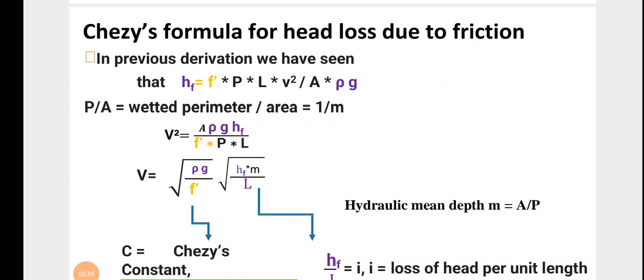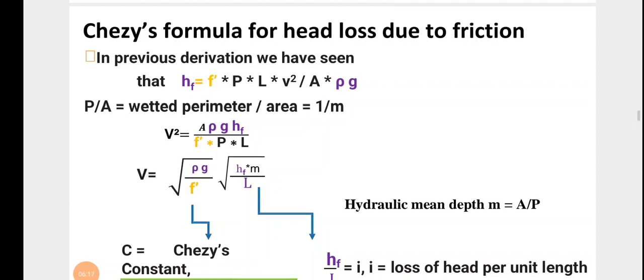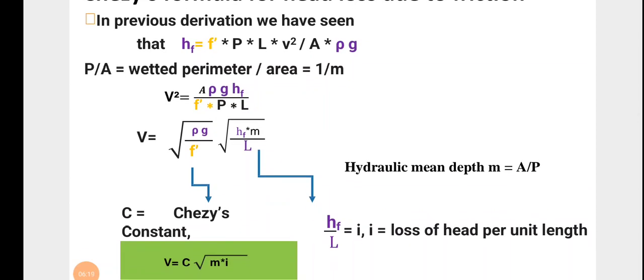Now let's talk about Chezy's formula for head loss due to friction. In the Darcy-Weisbach equation we derived that HF equal to F dash P L V square by A into rho g. Now let us write this equation in the form of V square.